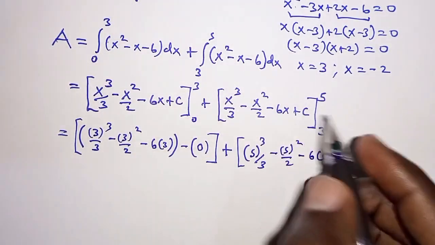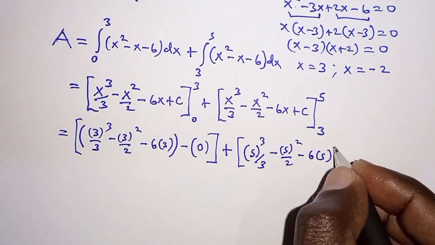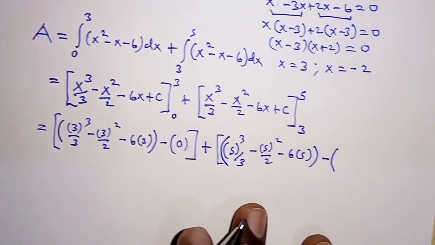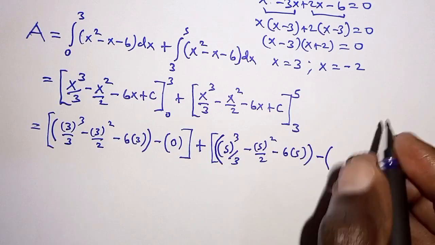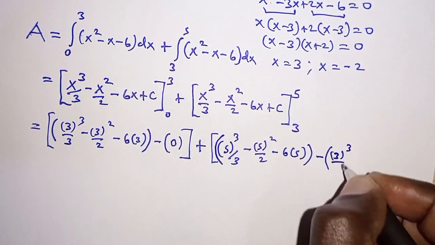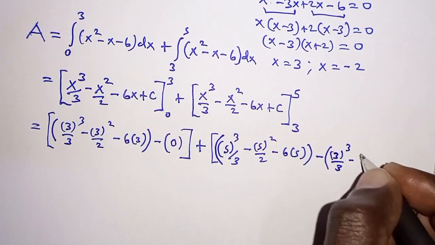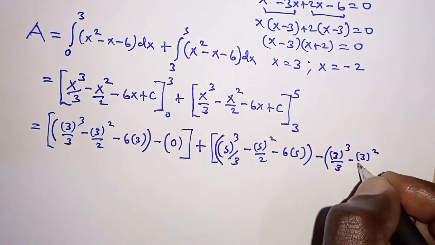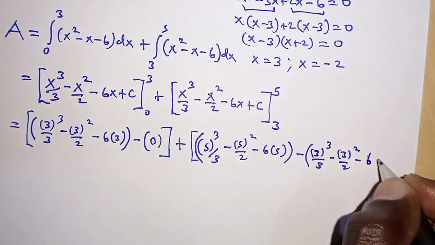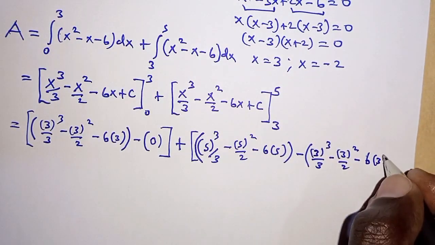We can ignore c. And then subtract. Now next we are going to substitute for 3. We have 3 cubed over 3 minus 3 squared over 2 minus 6 into 3.